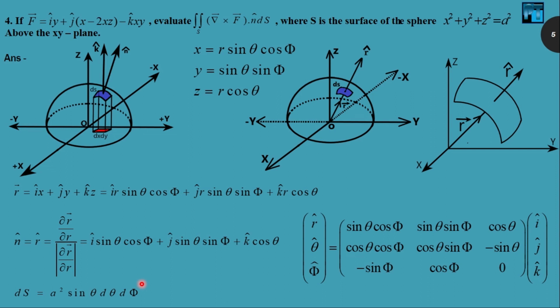Now again you may ask, how can you write ds equals a square sin theta d theta d phi? Again I have to tell you that I cannot explain it here, because the whole system, the whole expressions are in the topic of spherical polar coordinates, which I can't explain here.